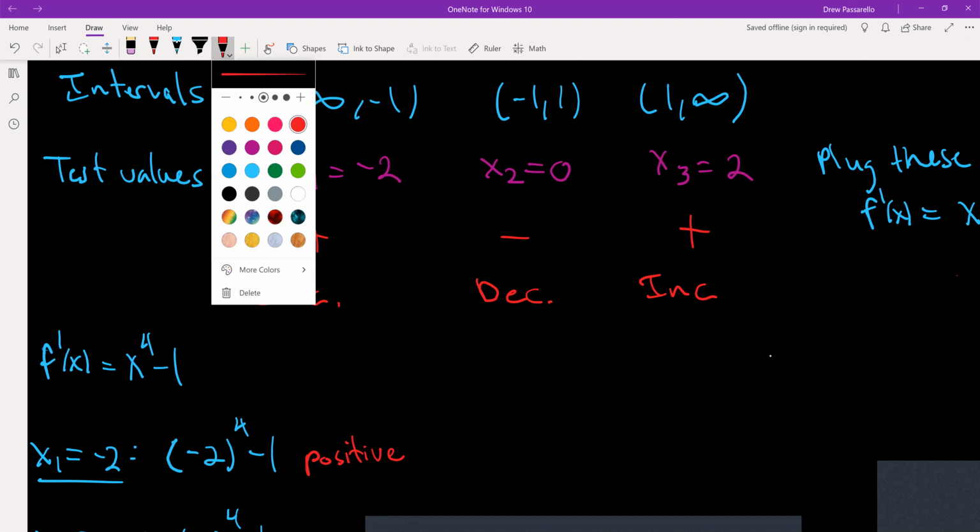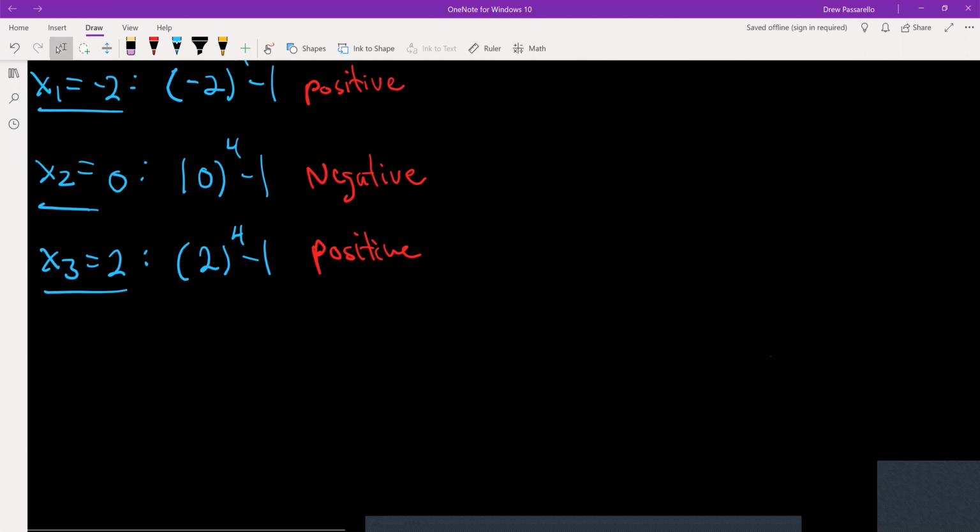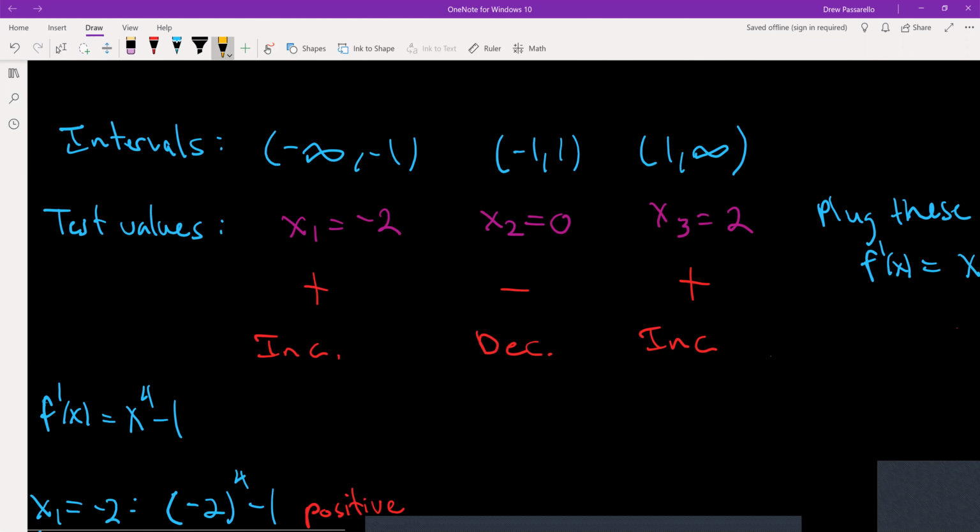So in summary, as far as our intervals, again, we're not done yet. I'm just writing what the intervals of increasing and decreasing are.